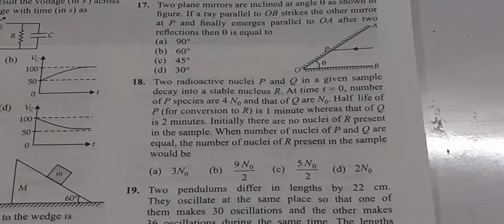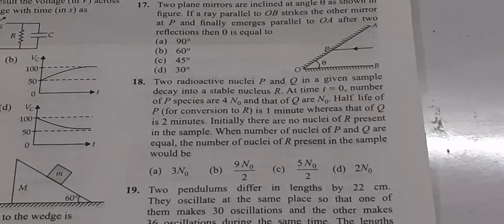Two radioactive nuclei P and Q in a given sample decay into a stable nucleus R. At time t equal to 0, the number of P species is 4 n naught and that of Q is n naught.